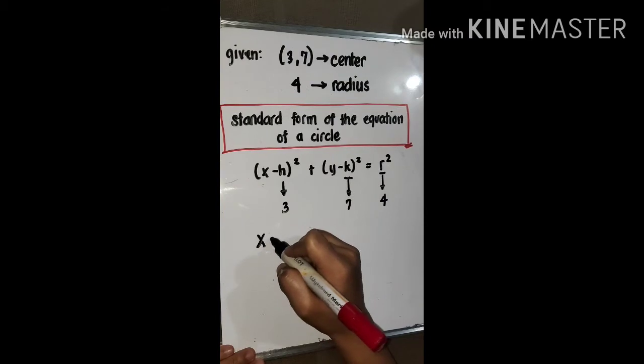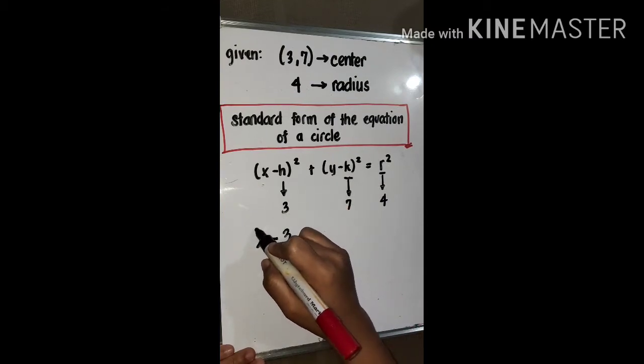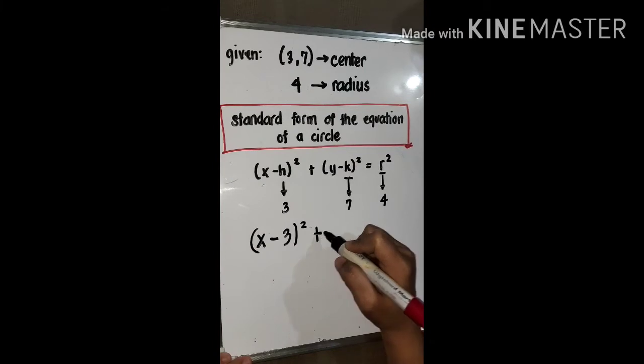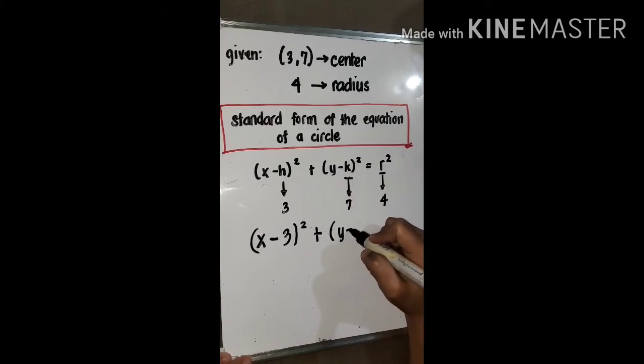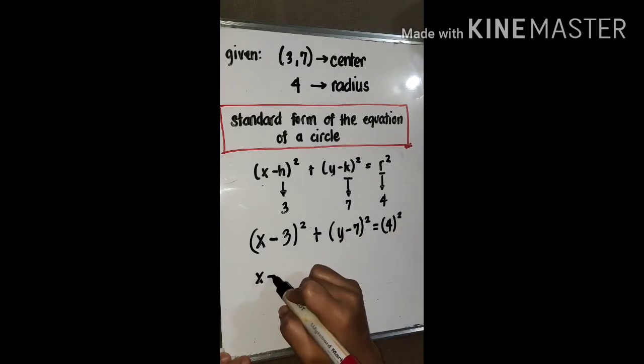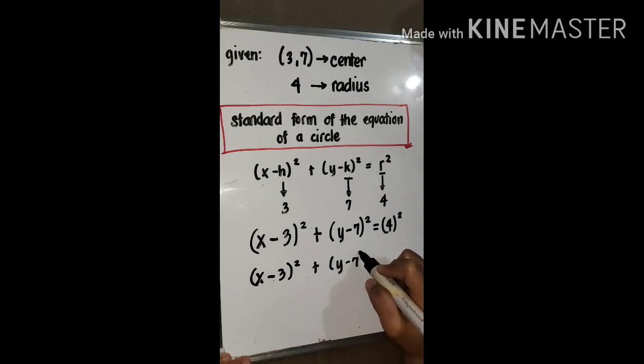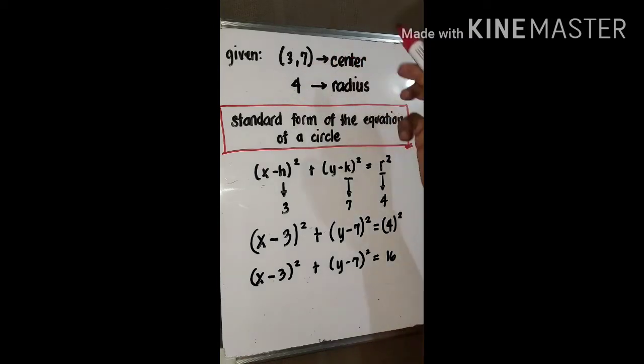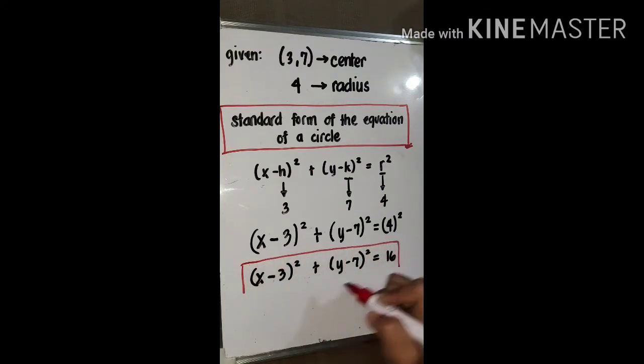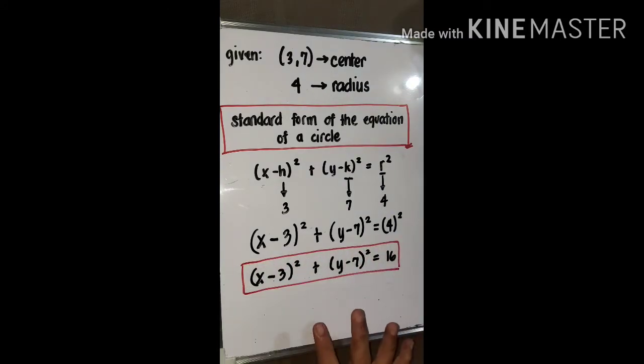So we have x minus the h, which is 3, quantity squared, plus y minus the k, which is 7, quantity squared, is equal to our radius, which is 4, and then we will square it. So we end up having x minus 3 quantity squared plus y minus 7 quantity squared is equal to 16. So this is now the standard form of the equation of our circle, whose center is 3, 7, and whose radius is 4. Now we may proceed in graphing this circle.